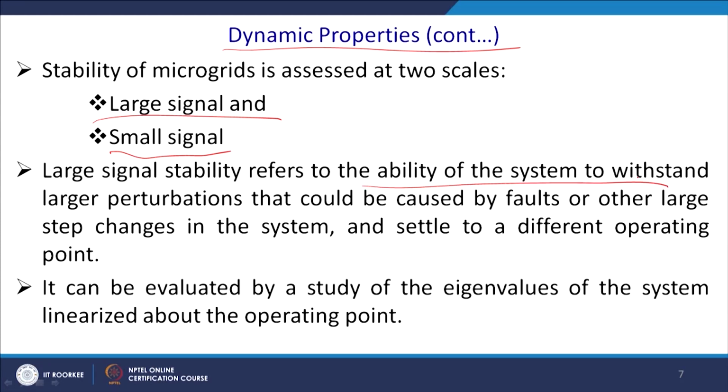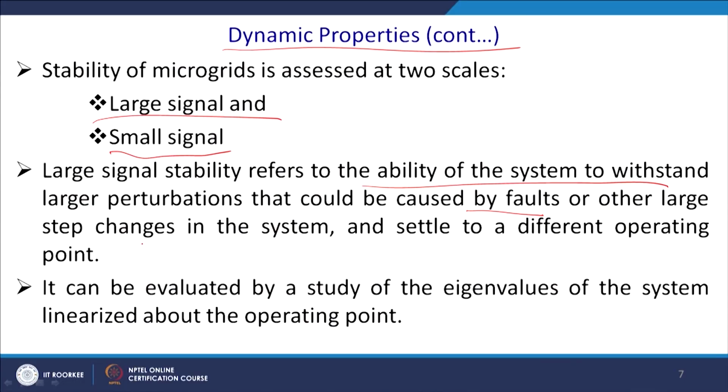Large signal stability refers to the ability of the system to withstand larger perturbations. Now, how do you define larger? If you are running at half load, and all of a sudden you go to 100% loading, you can say that it is a large disturbance or large perturbation. That could be caused by a fault or other rather large step change of the load of the system, and the system settles to a different operating point.